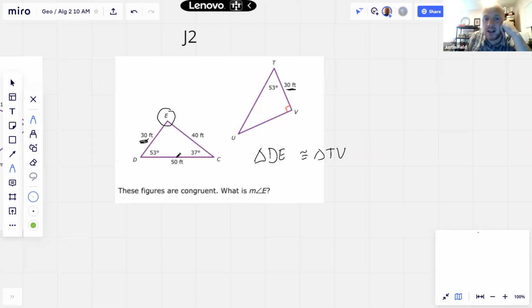And the last letter is C, and TVU. So I worked through the given info to write my congruent statement, and now I can clearly see that E and V are congruent. So E is congruent to V, and V is 90, so E is 90.